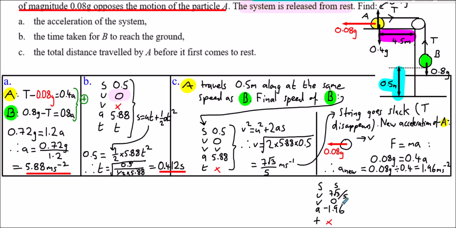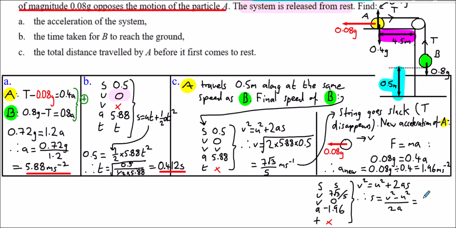So what formula doesn't involve t? Again, we can use v squared equals u squared plus 2as. So therefore, S is going to be v squared minus u squared over 2a. V squared is 0, so it's going to be minus u squared.